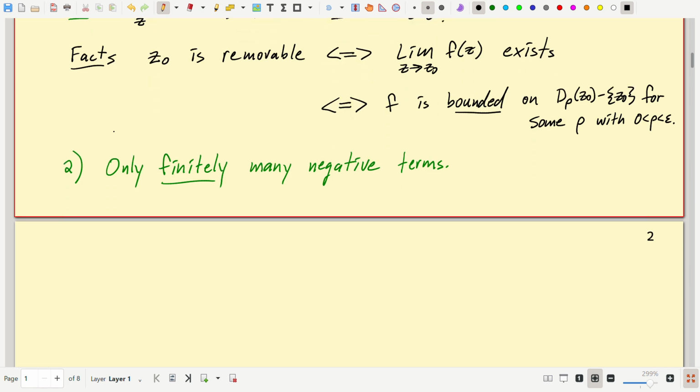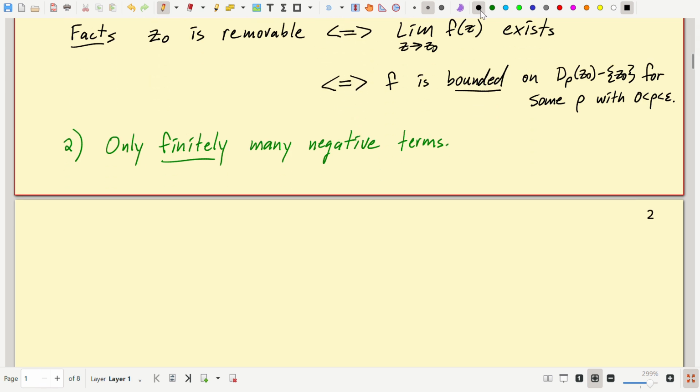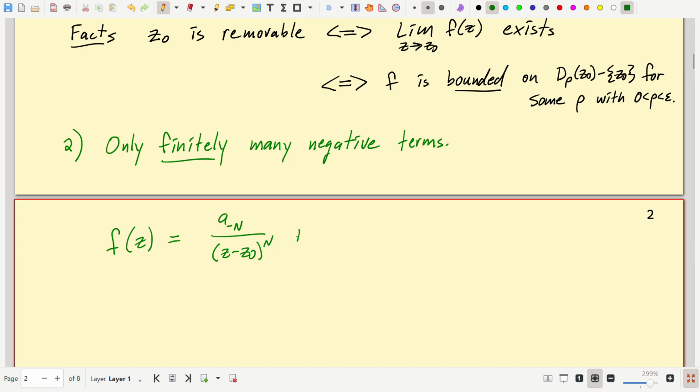Okay, if there's only finitely many negative terms, then when we write out the Laurent expansion, there'd be the first negative term that's not zero. Let's call that a sub minus n. And then there'd be some more terms, et cetera.